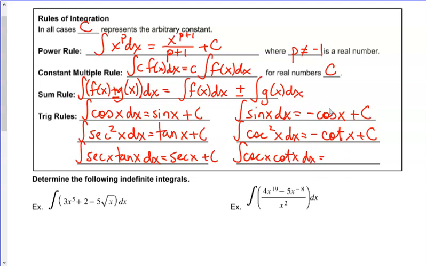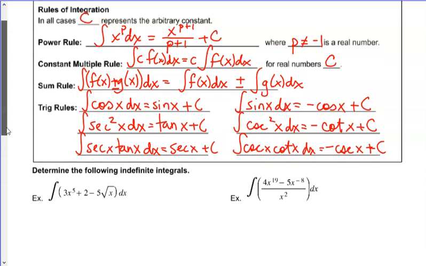And that, just like all the other ones that start with c, will be a negative cosecant of x plus c. So when we were taking derivatives, if I took the derivative of a function that started with c, the answer was negative. When we are integrating, most of the time you're going to see the positive of that, and your answer will end up being a negative if the answer starts with c.